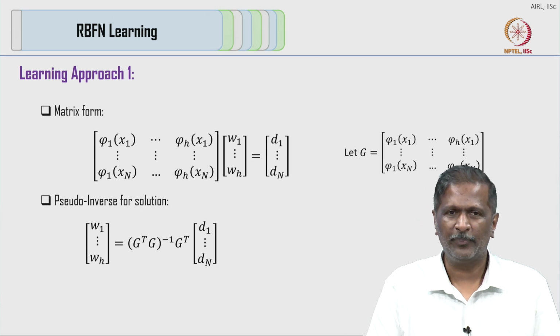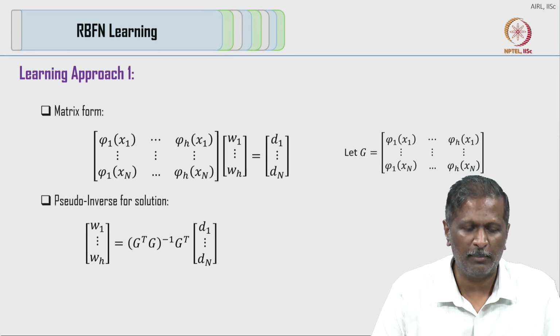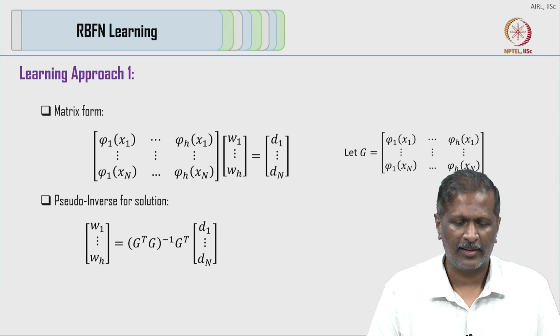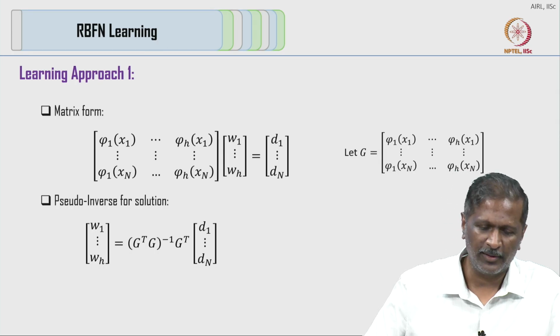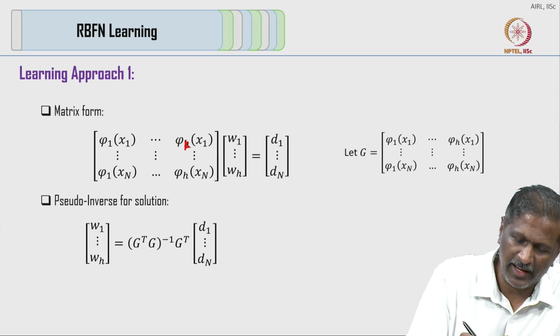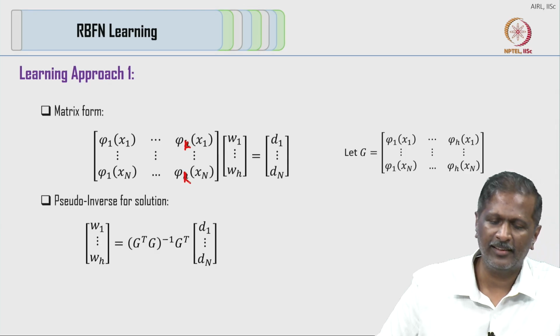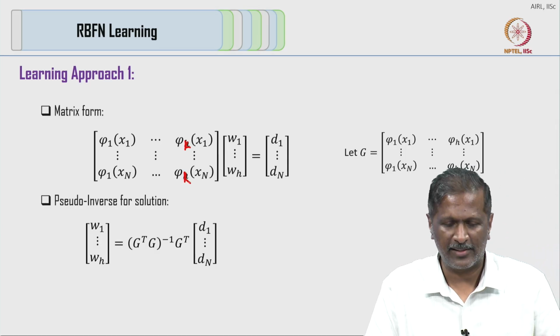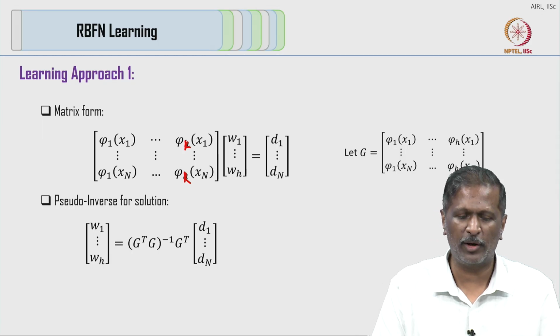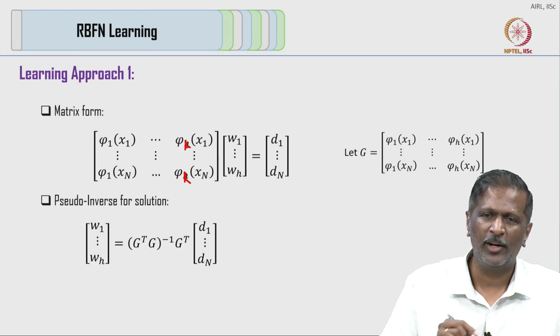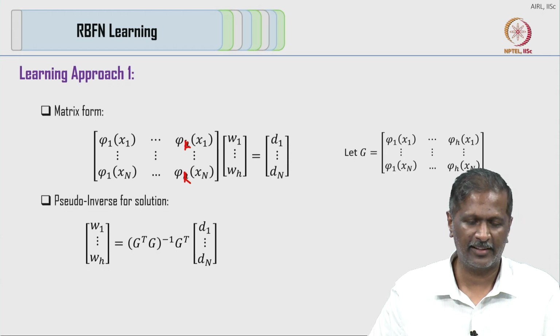How am I going to do it? If I represent them in matrix form, my phi 1, phi 2, up to phi k, I am assuming there is no bias, ignoring W0 for simplicity. If you want to include it, you just have to add a column of 1s.